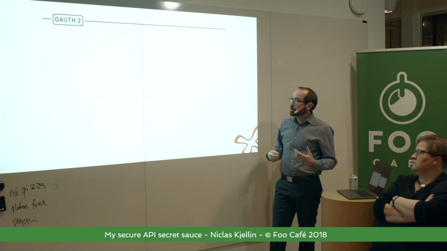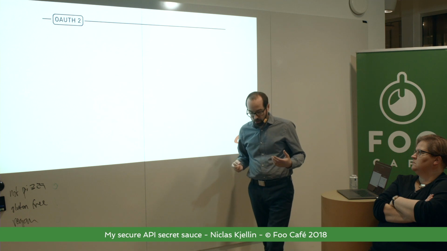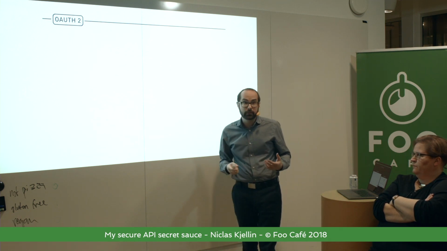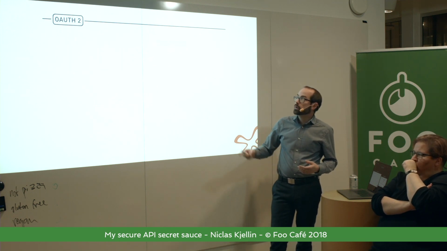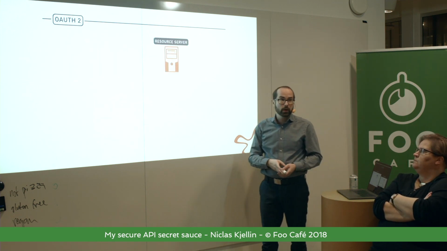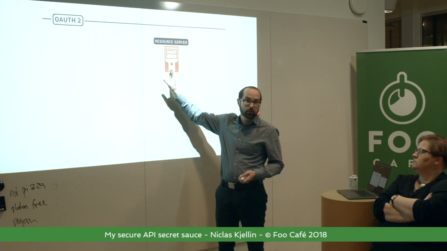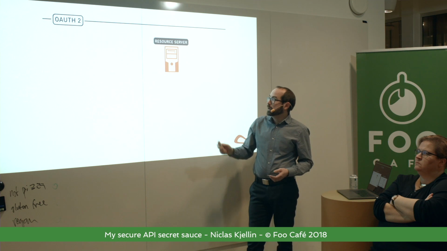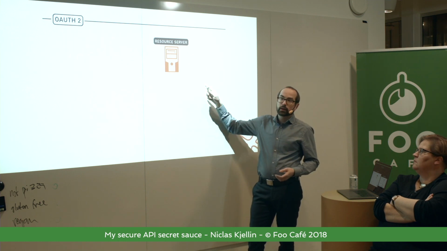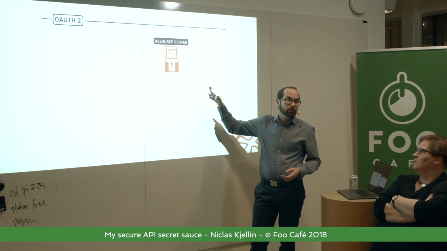So I'm going to go slightly through how OAuth 2 is built and how it's actually used. You would have a resource server somewhere. This is where you have all the data that you want someone to have access to. And you don't build anything there to hold access control.